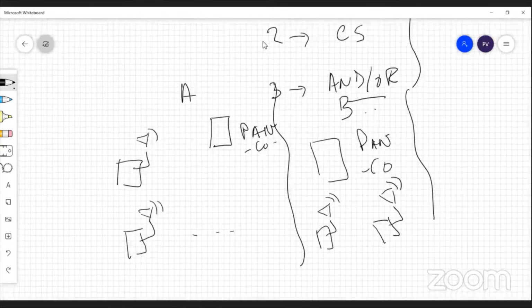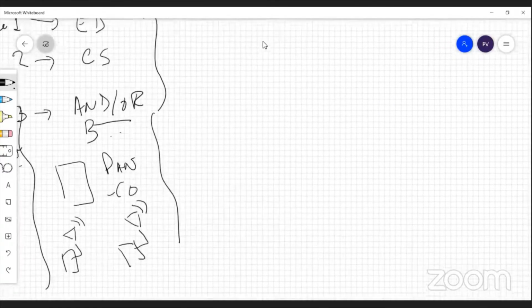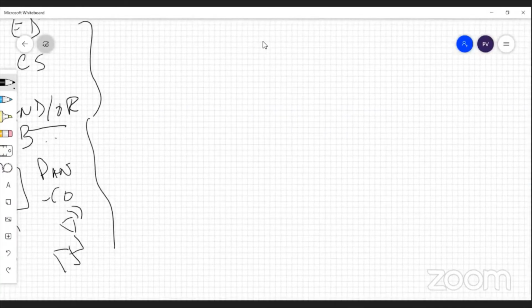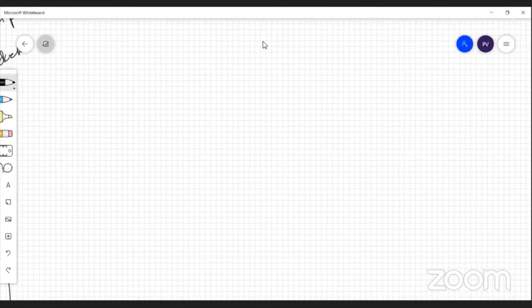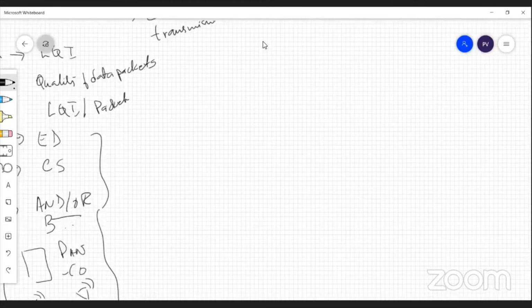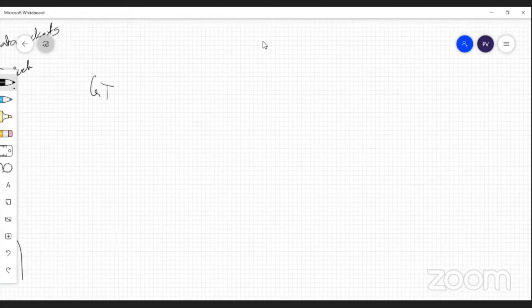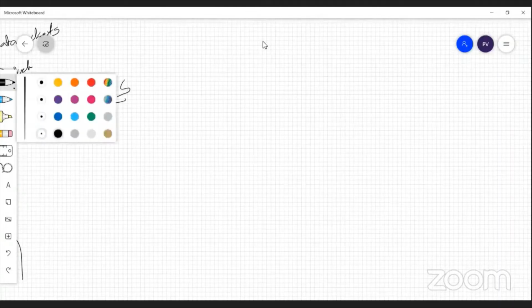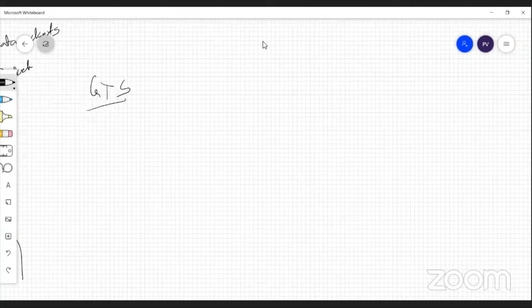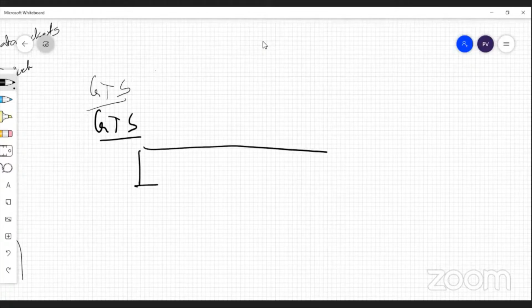The other way is you don't want this chaotic situation. You want things to go in a guaranteed time slot. So came this notion of GTS, the guaranteed time slot. The GTS is interesting. It gives you a frame format. You can switch the same 15.4 MAC from normal mode to GTS mode.